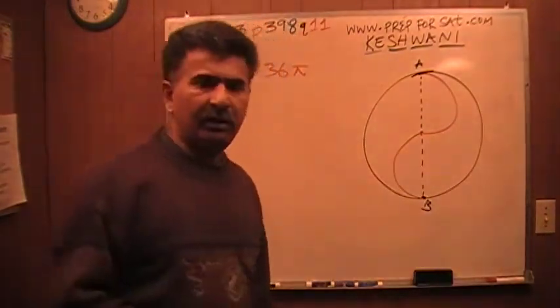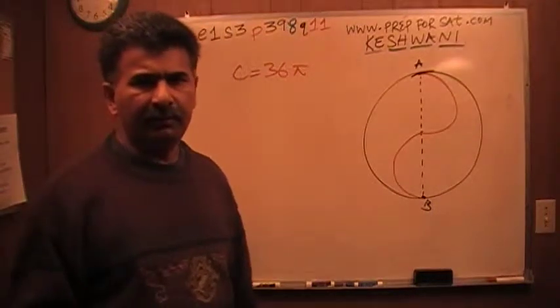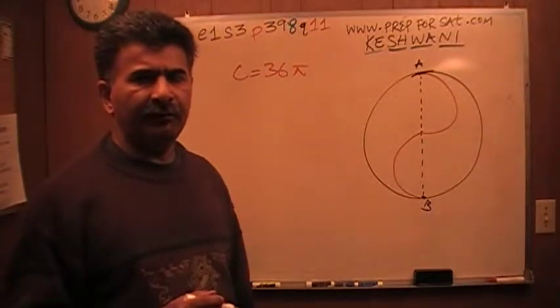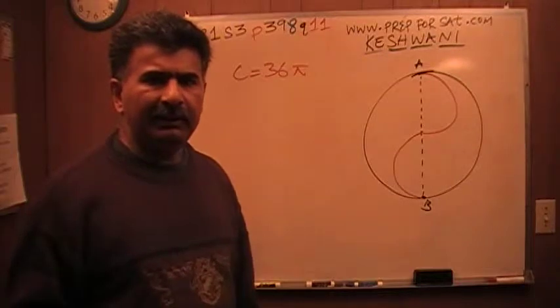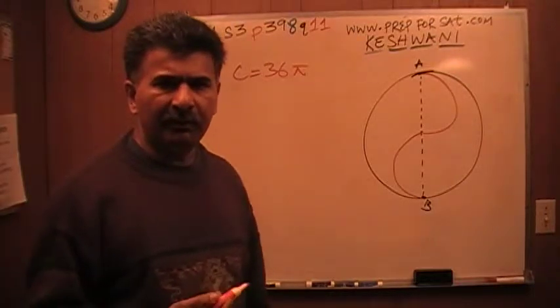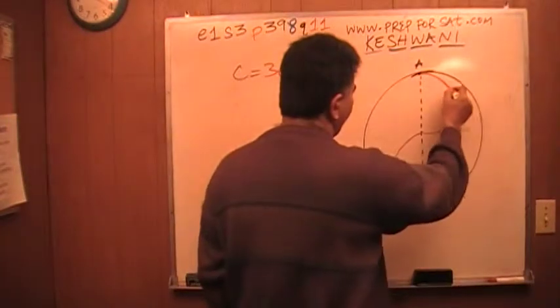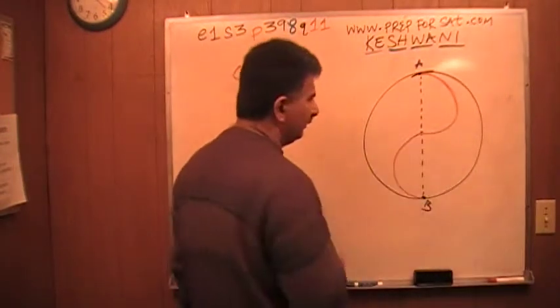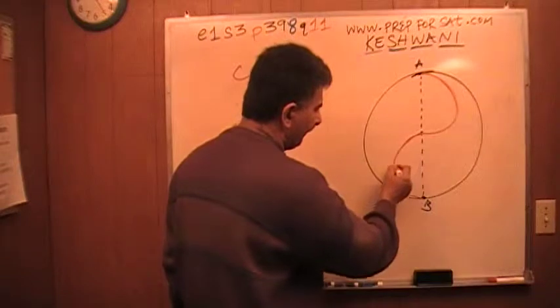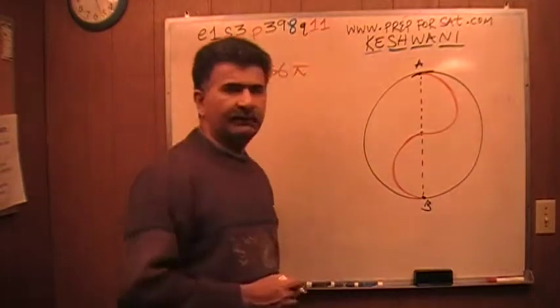You see, they make it sound so complicated. We have to understand what it means when they're talking about the length of the curved path. This semicircle is exactly the same as this semicircle. They are symmetric.